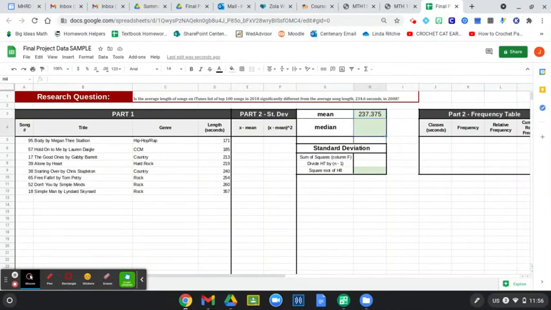Median. 2 ways we can do it. Maybe you want to do both if you want to check. I'm going to do it by hand first, and then I'll check my work by using a formula. So remember, a median is a middle point.